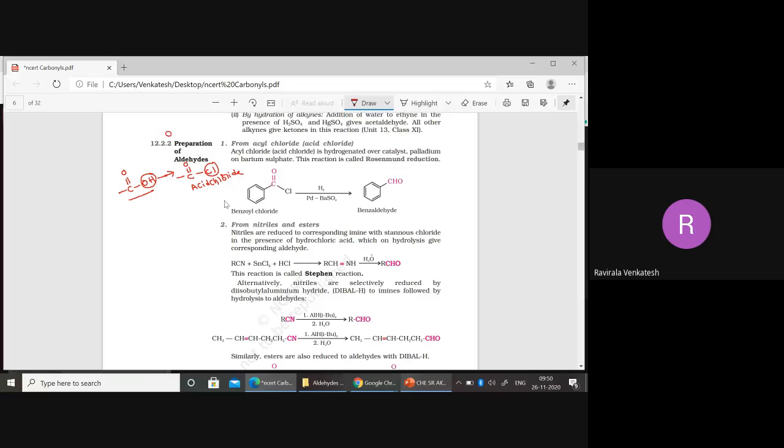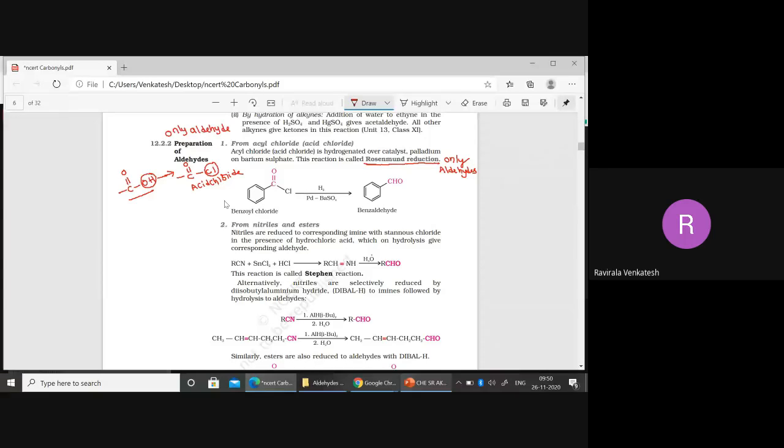Now, in this method of preparation, remember one more thing, we are preparing only aldehydes. That means you may get a question here: following which methods can prepare only aldehydes? Rosenmund reaction prepares only aldehydes.